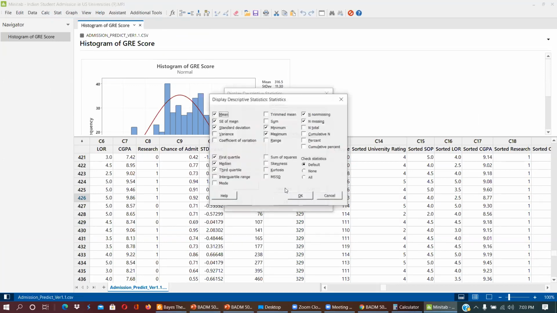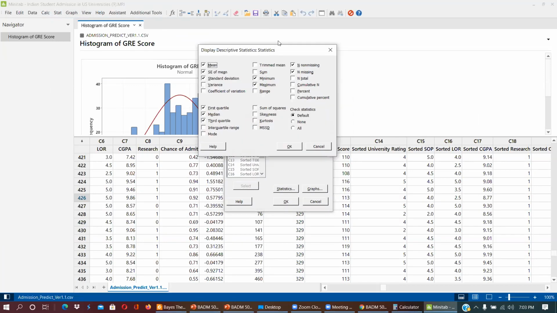Here under statistics, you can see all the things that we have just studied: mean, standard error of mean, standard deviation, coefficient of variation, first quartile, median, third quartile, interquartile range, mode, trimmed mean, range, skewness, kurtosis.